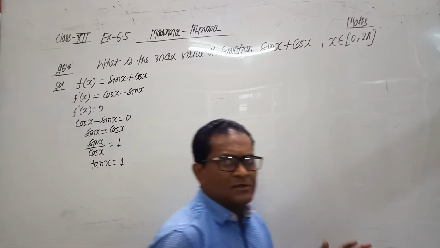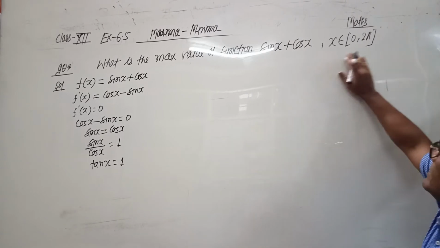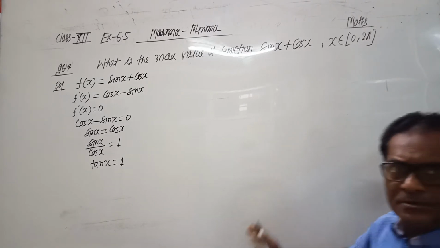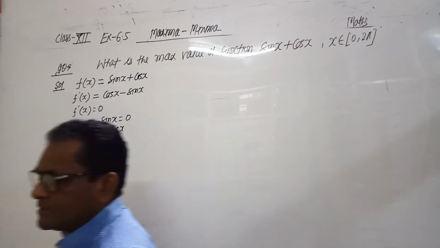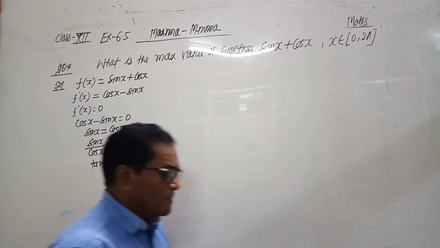The interval which we have been given is 0 to 2 pi. If 0 to 2 pi is not given, it means you have to take the value from 0 to 2 pi from all the 4 quadrants. So tan x equals 1. This is the positive value.